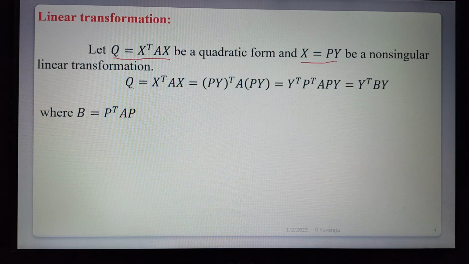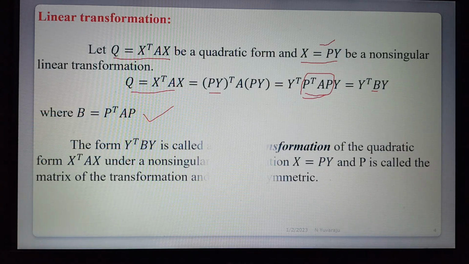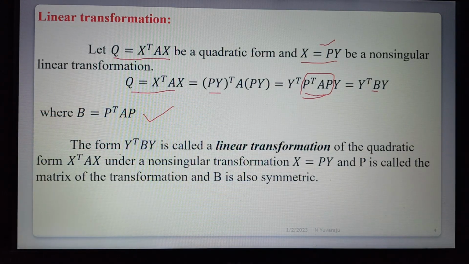So in the quadratic form substituting x is equal to Py, that is equal to (Py) transpose A Py is equal to y transpose P transpose A Py. Observing here, this is P transpose AP, this is one of the matrix B. B is a non-singular matrix also, where B is equal to P transpose AP. So that is equal to the new form Y transpose BY.